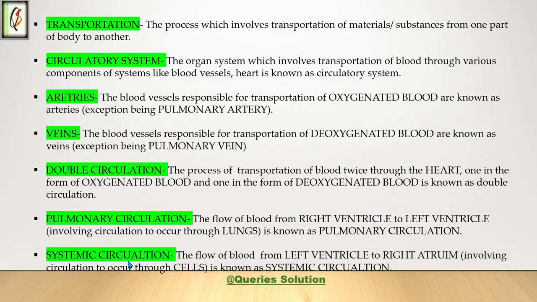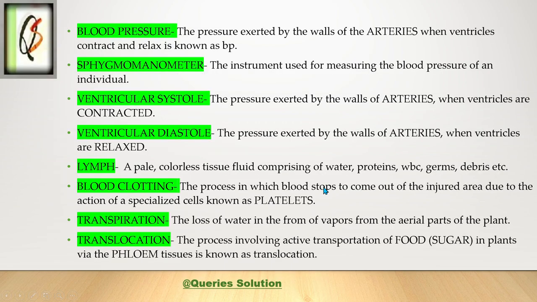And what is systemic? The flow of the blood that occurs from the left ventricle till the right atrium, every part which gets involved in the flow between the left ventricle and the right atrium, is something that we say as systemic circulation. So this is about the important definitions regarding the pulmonary and systemic circulations.